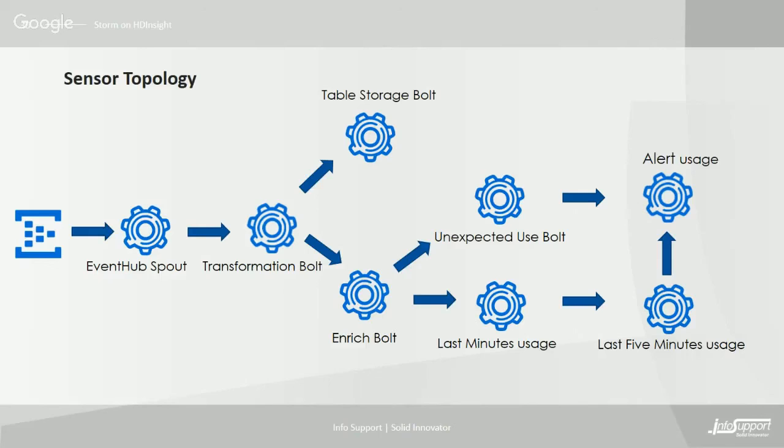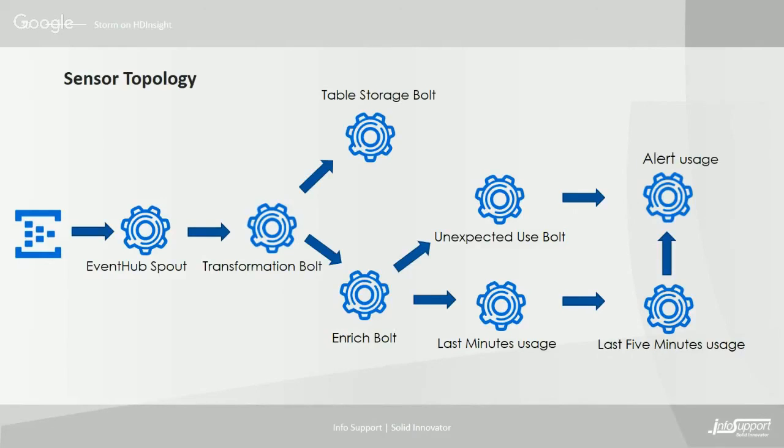So the unexpected use bolt is actually going to machine learning to make a prediction. So let's see, is it normal that there's a readout at this hour? So that's what that part does. If it isn't correct, yeah, we'll use another bolt which will send me an alert, so I get notified that there's consumption, water or electricity or gas at an incorrect hour.